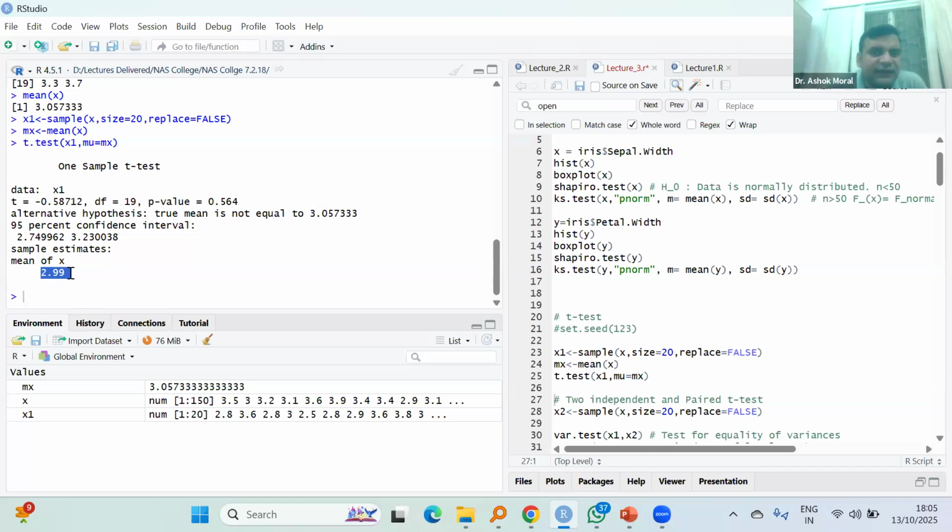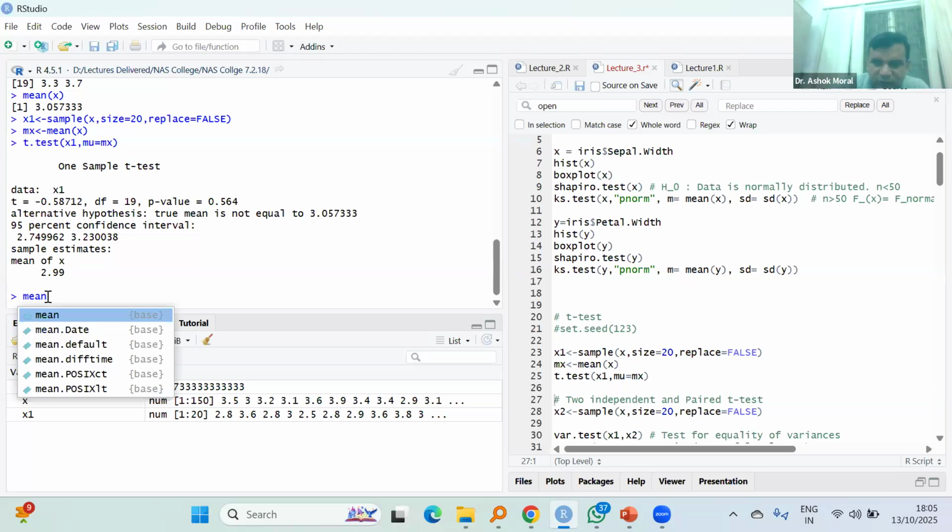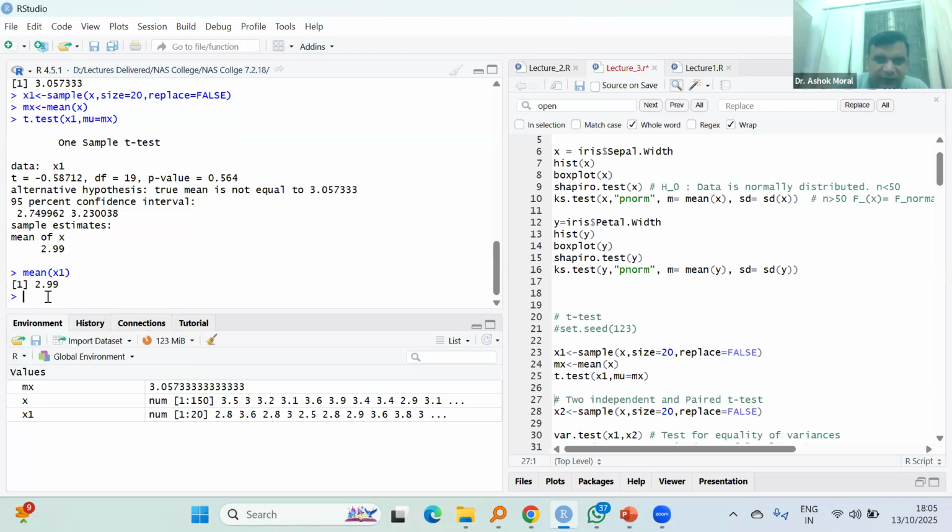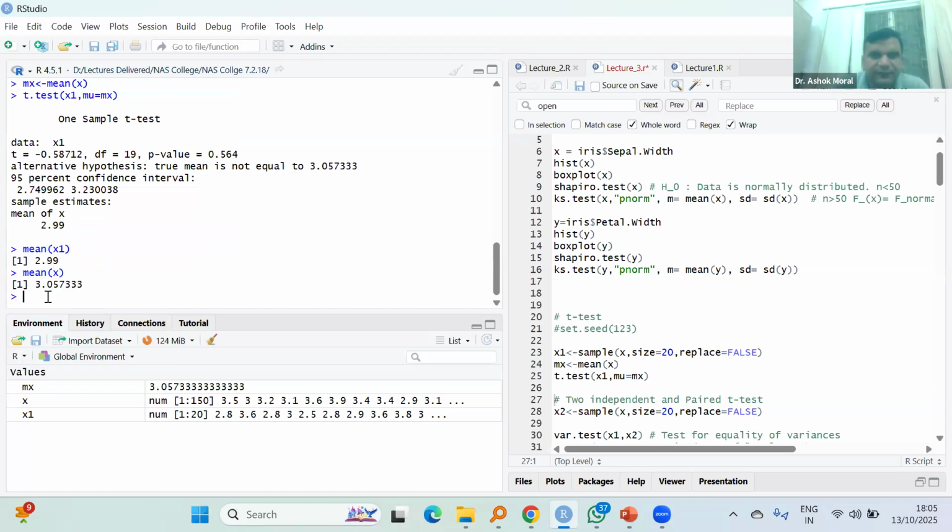Although the mean of the sample x1 is 2.99. It is basically a little less than the mean of x, but it is basically the mean of x1. And this is the mean of x.